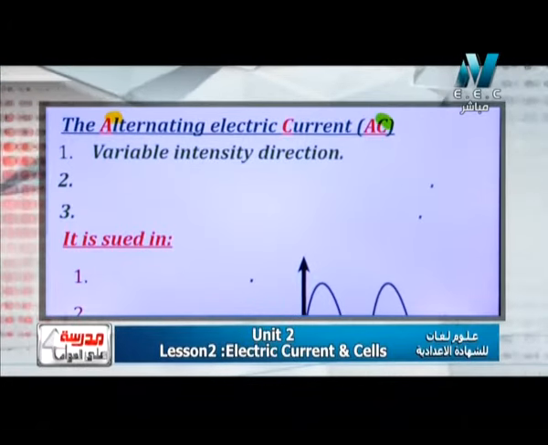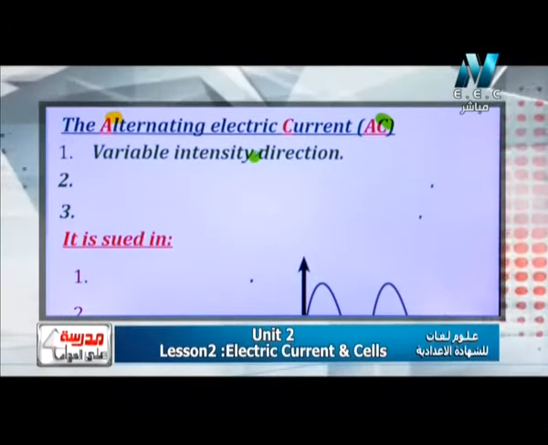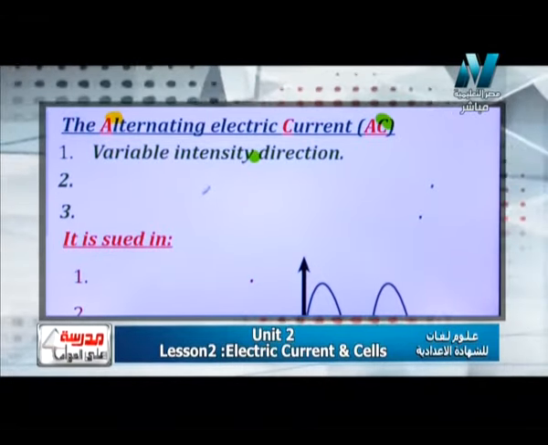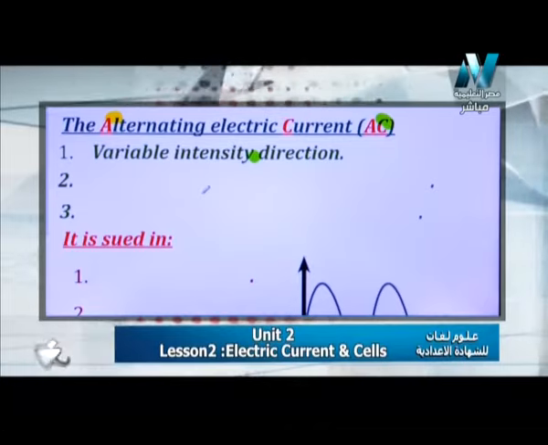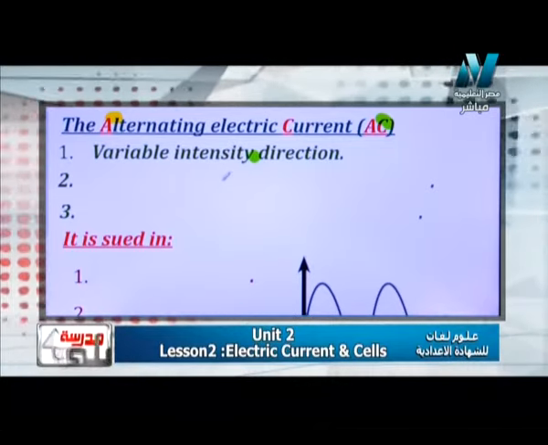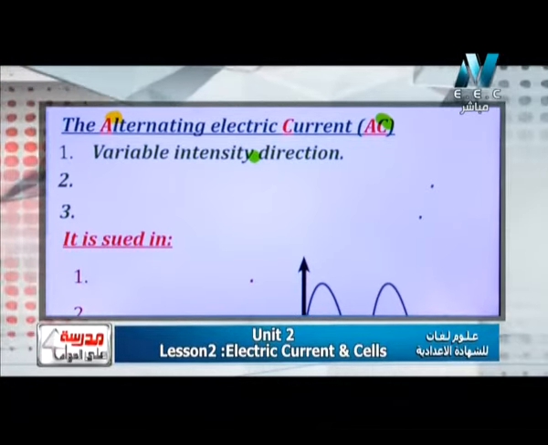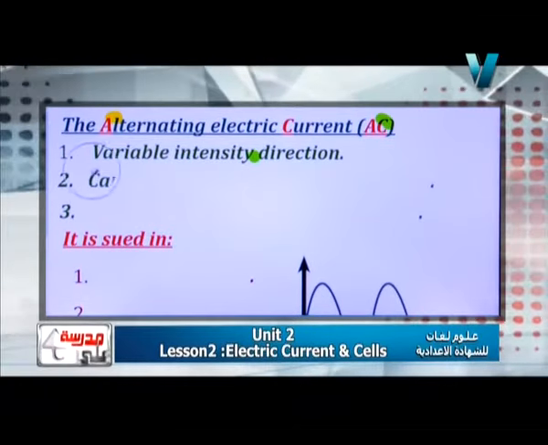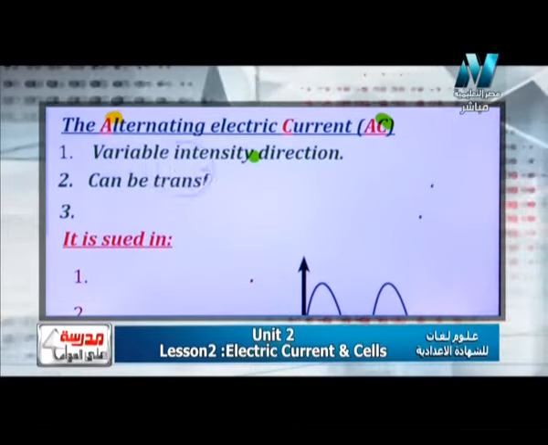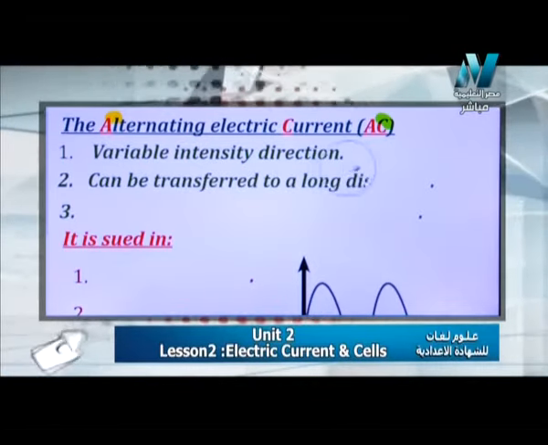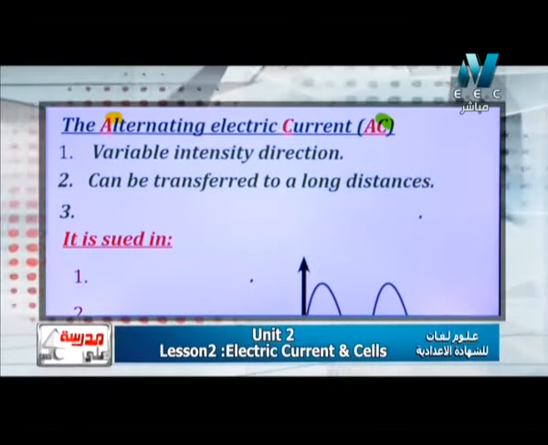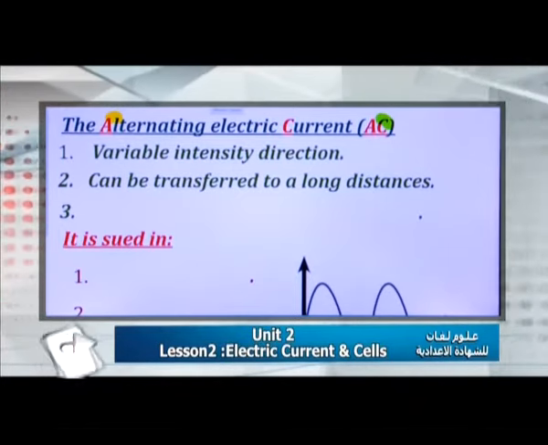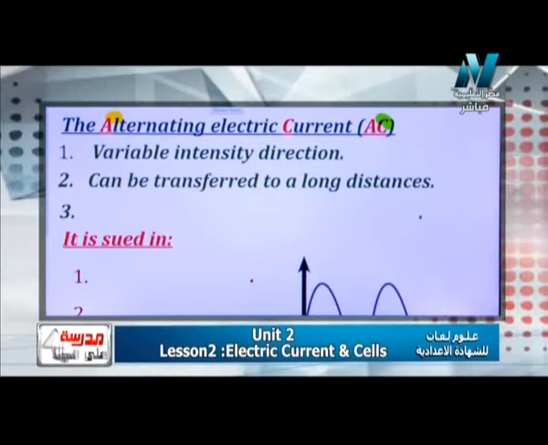We can change its intensity and we can change its direction, ممكن اغير اتجاهه, ممكن اغير قوته او شدته, electric current intensity. Number two, it can be transferred over long distances, ممكن انقلهم مسافات كبيرة between governorates, ما بين المحافظات, between states, between countries.